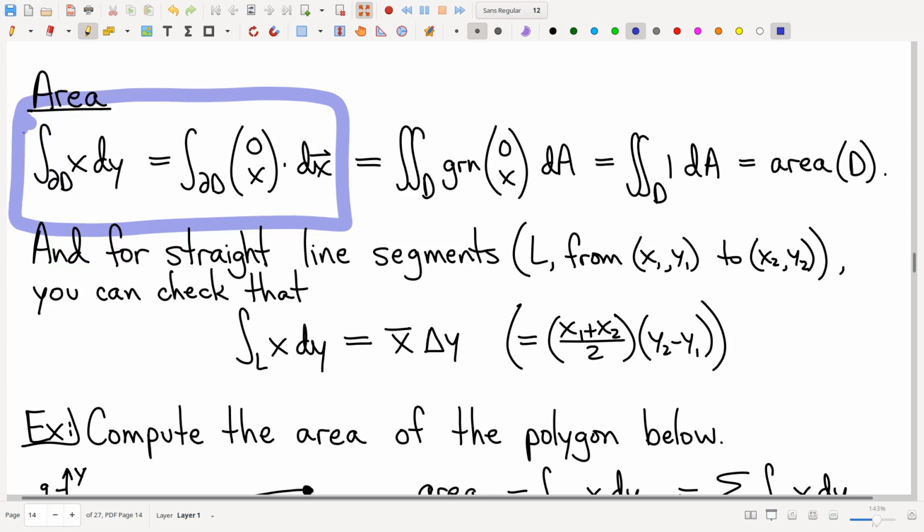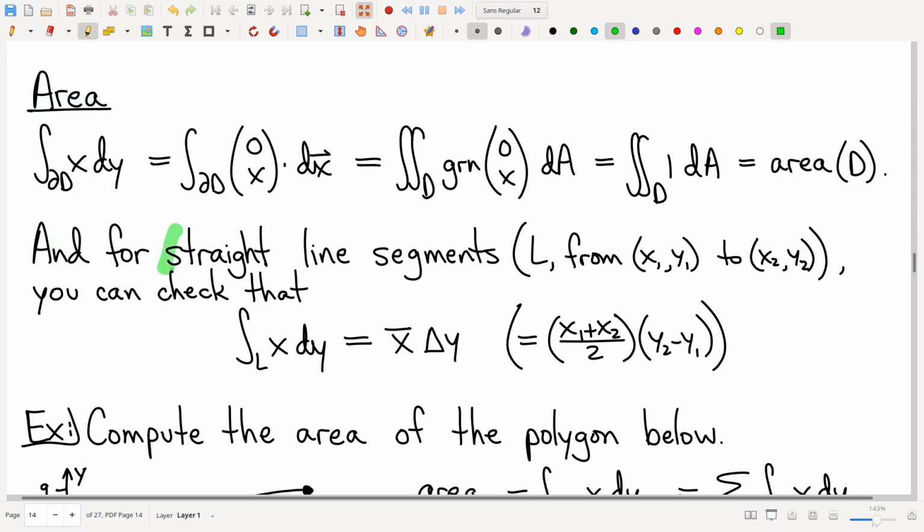You could just punch up that dot product. And in this case, you end up with just x dy. So this is one of the rare circumstances where this coordinate notation is actually a little more compact, a little bit more streamlined than the vector notation. So in this case, I kind of dig it. You don't have to; it doesn't matter, but it's kind of nice. Okay, second thing.